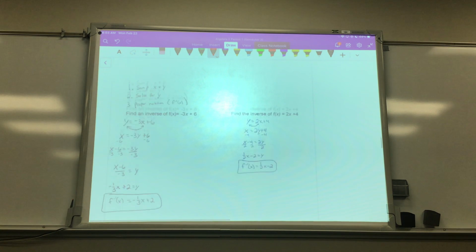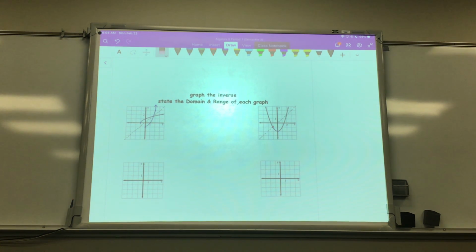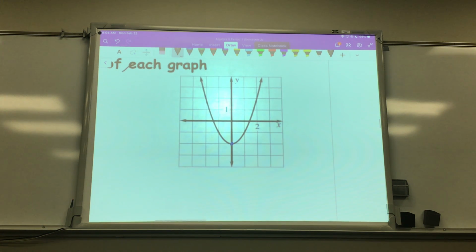Alright, I want to go back up to these now. You guys notice the first step was always to flop x and y, right? So let's get some points here.